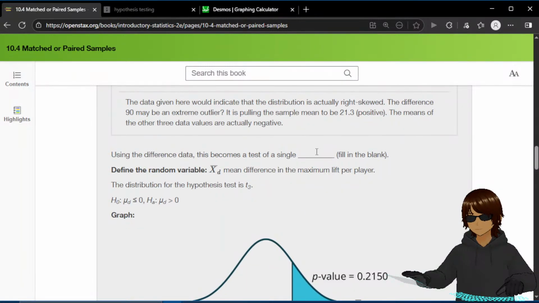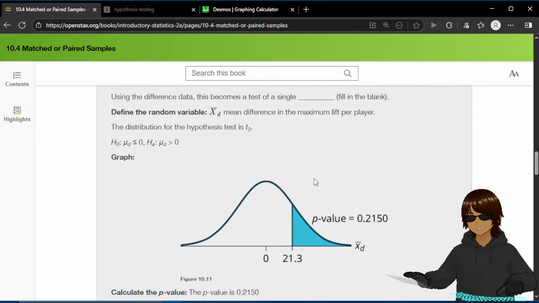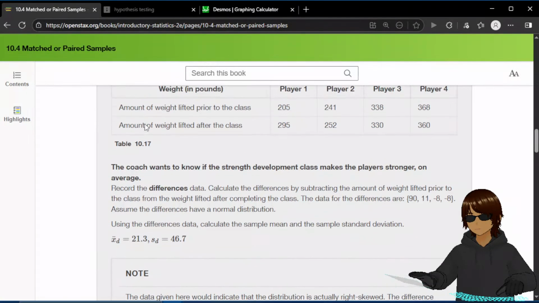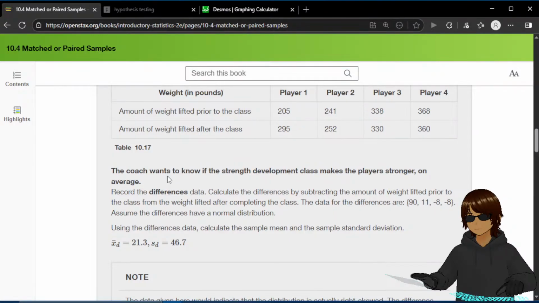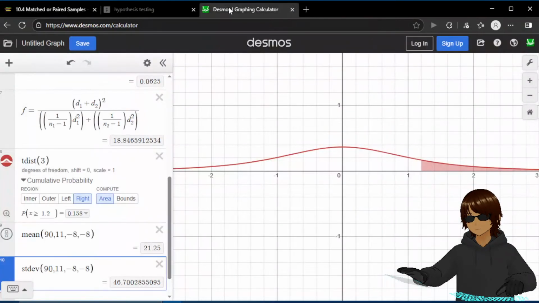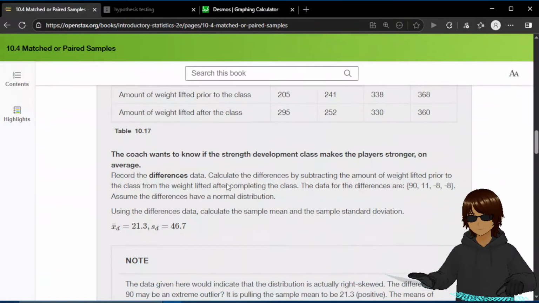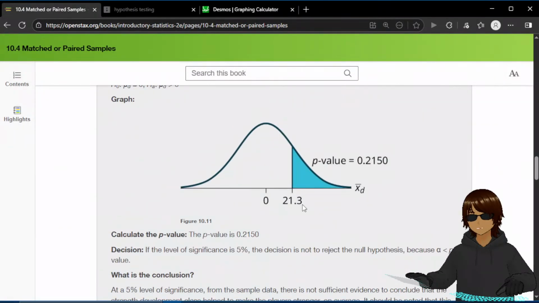Where's the answer? Single variable? Single difference variable? We define the mean difference in the maximum lift per player, follows a t distribution, and then I'm calculating 21.3, right? 21.3.